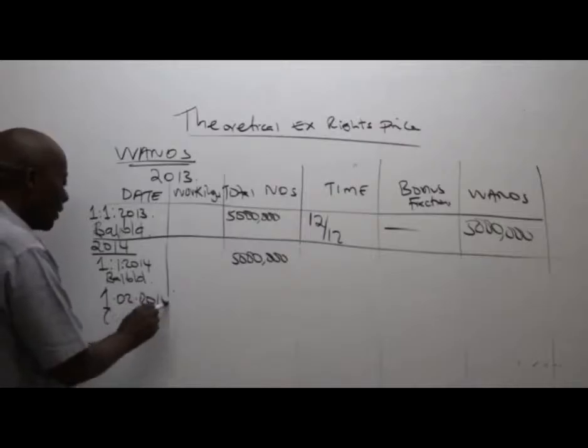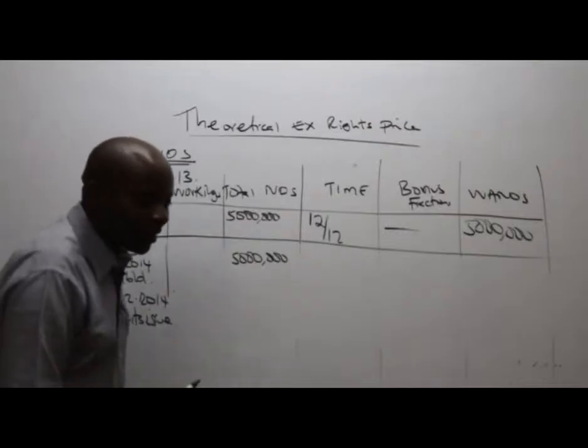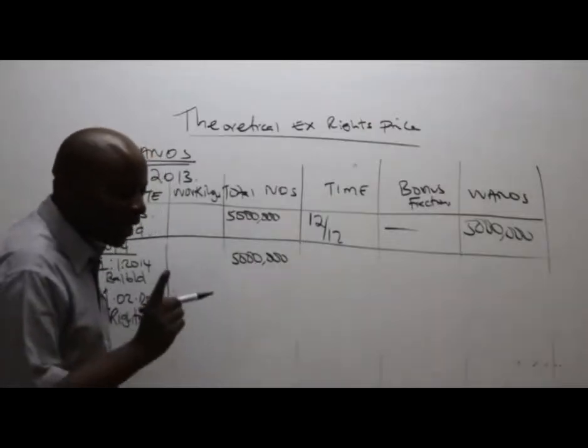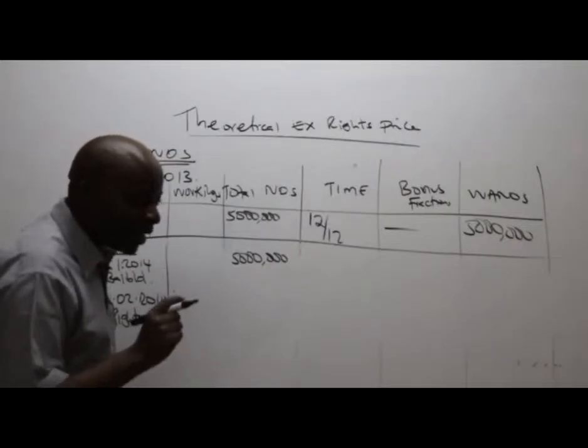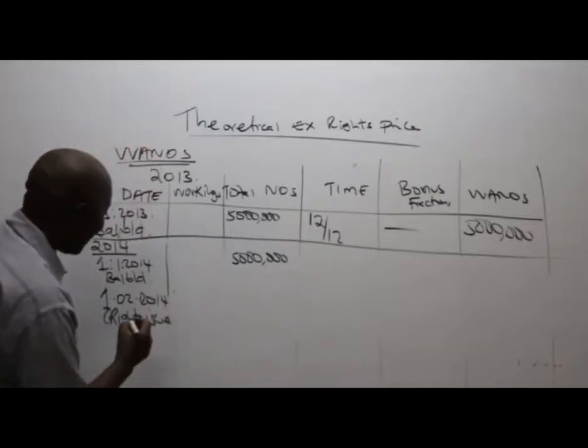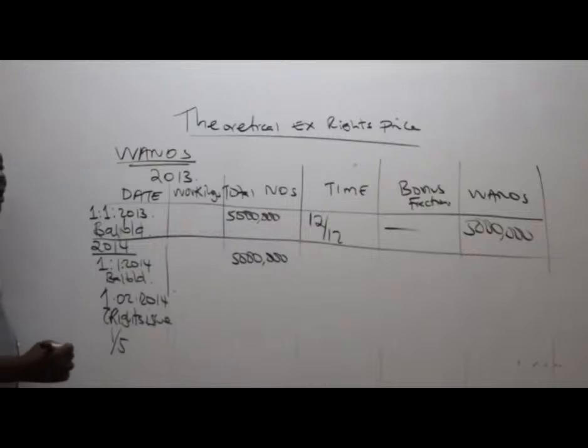We had a rights issue. A rights issue of what fraction? A rights issue of 1:5. So then what will happen?